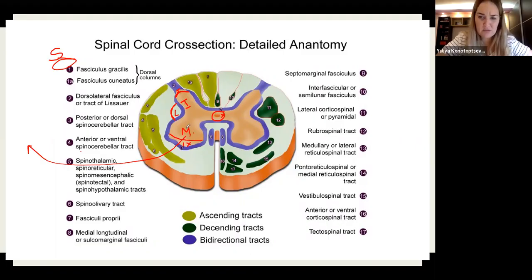Have we talked about them? What do we call these cells? We talked about them. I gave you a couple of names in previous lessons. What is another name for this motor neuron?